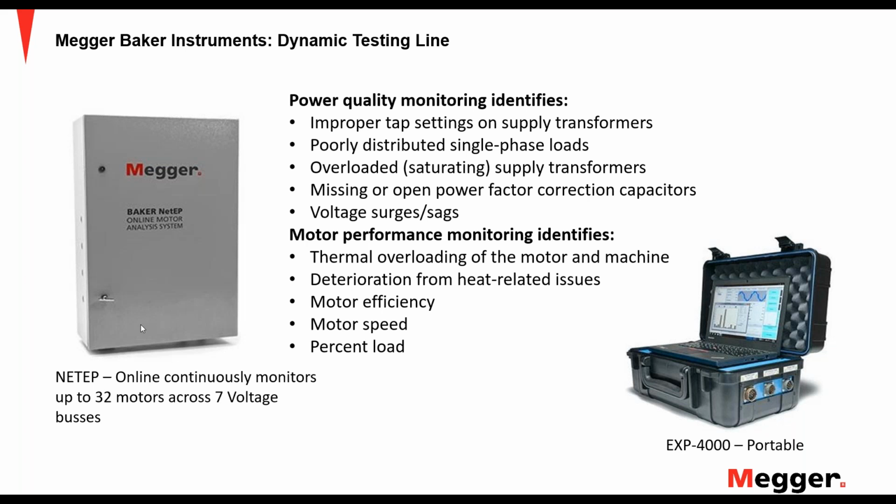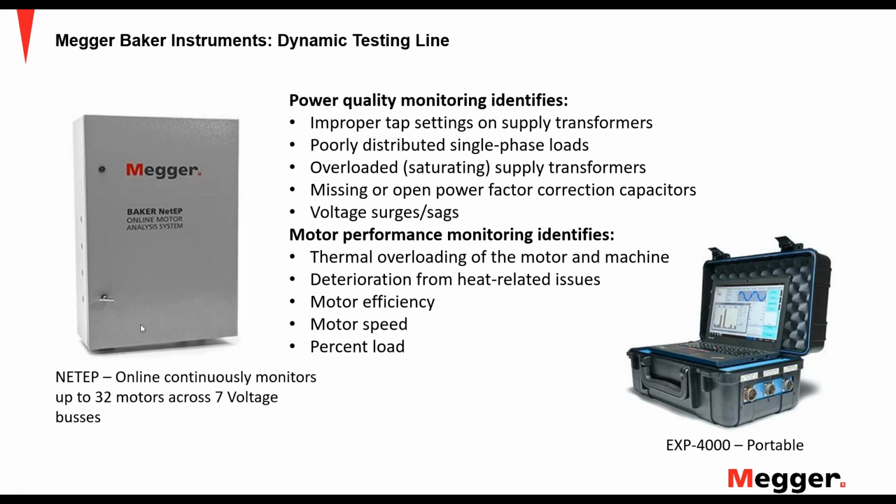So improper tap settings, poor distribution, overloading, missed and open power factor correction capacitors, voltage surges and sags, are information that it can give you. Motor performance monitoring would identify, again, overloading. So again, heat in the motor, deterioration from heat-related issues. Overloading is going to cause those heat-related issues.